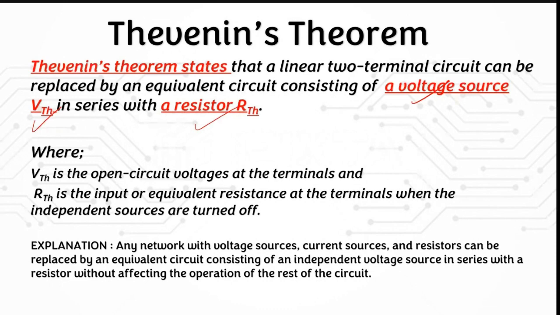Okay, so this theorem states that any linear two-terminal network, which is a network with two connection points or terminals, can be replaced by an equivalent circuit. You have a network connected with these two connection points or terminals. These terminals can be the A and B ports.